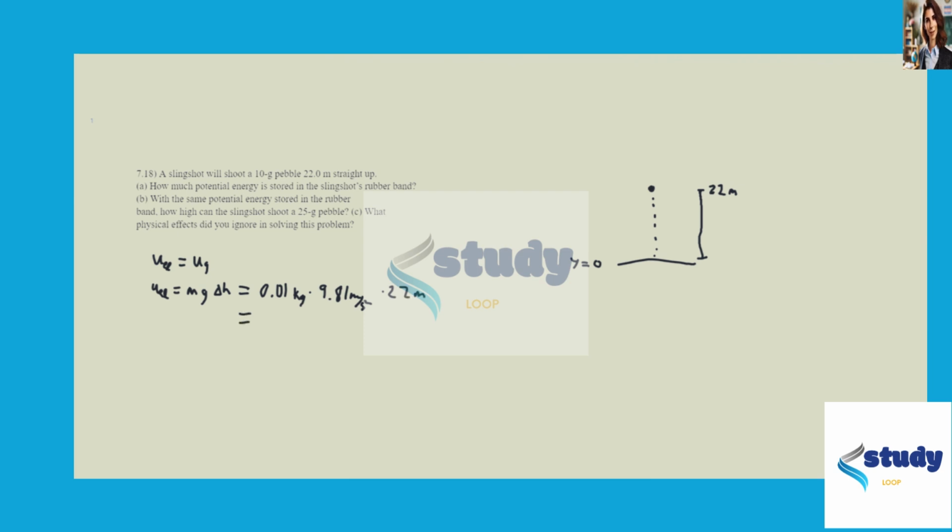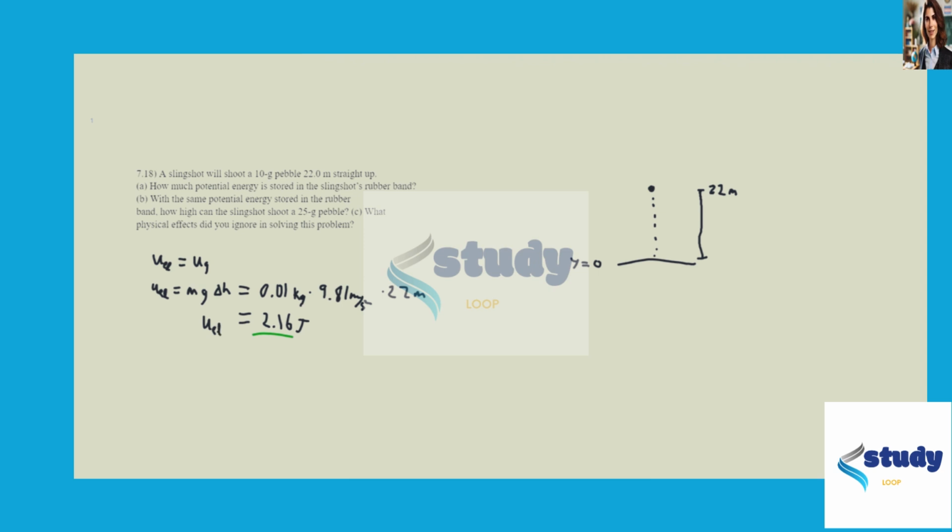And that's just units and multiplying numbers. So that should just give us 2.16, and the units are joules because it's energy. Okay, so that's part A. We have the potential energy that is stored in the slingshot is 2.16 joules.